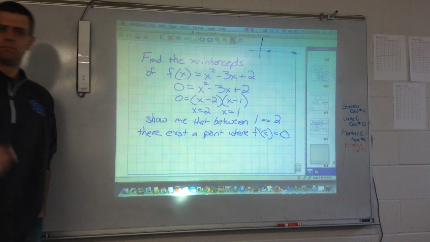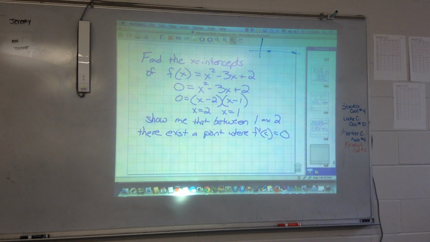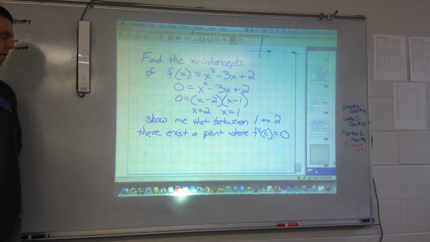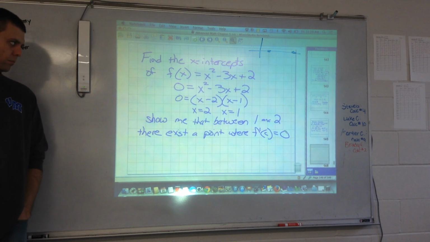Or in other words, show me there exists a point somewhere between 1 and 2 that the derivative would equal 0. Well, couldn't you just basically say either it's going from point to point where it's 0, or if it changes direction, then it would have to have a place where it bottoms out or has to equal 0.